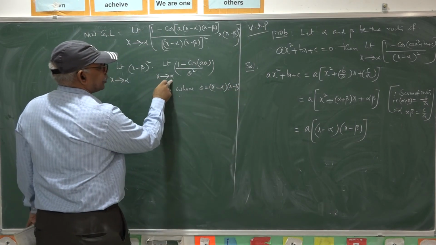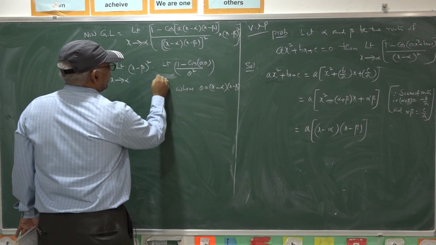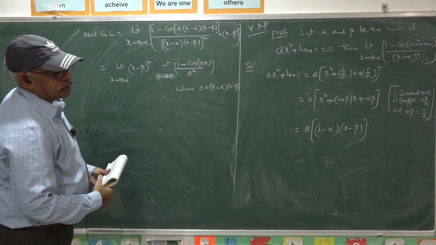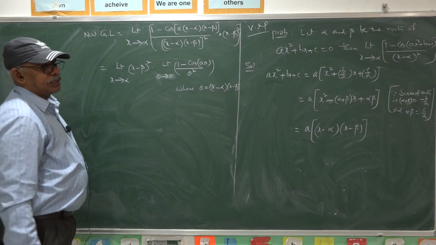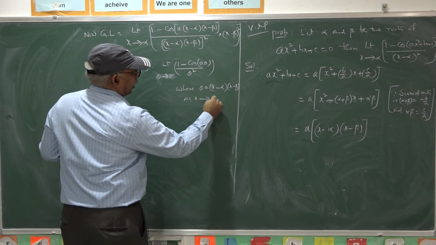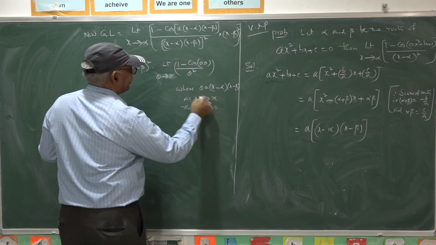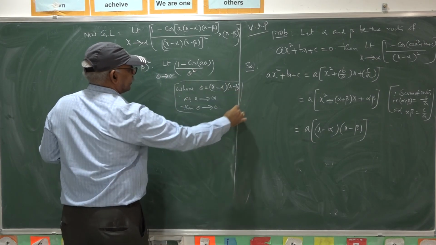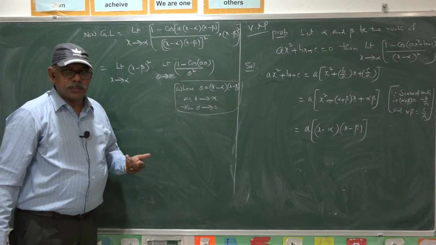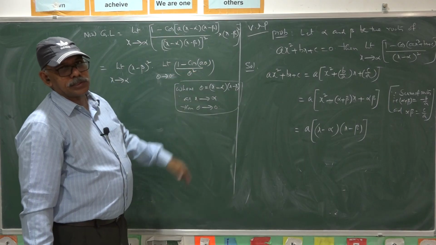Instead of x goes to alpha, theta goes to 0, you can write it here. As x goes to alpha, then theta also goes to 0. By this substitution, the limit is reduced to 1 minus cos a theta by theta square.